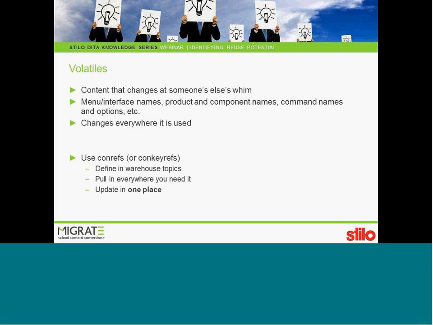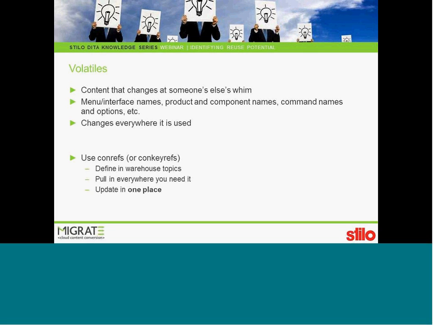Let's move on to volatile things. Volatile things are content that changes at somebody else's whim, like I said before. So development changes all of the interface names or all the options, 10 days before release. You want to be able to be agile enough to quickly update that. And if you use conrefs, you probably can update it faster than they can.